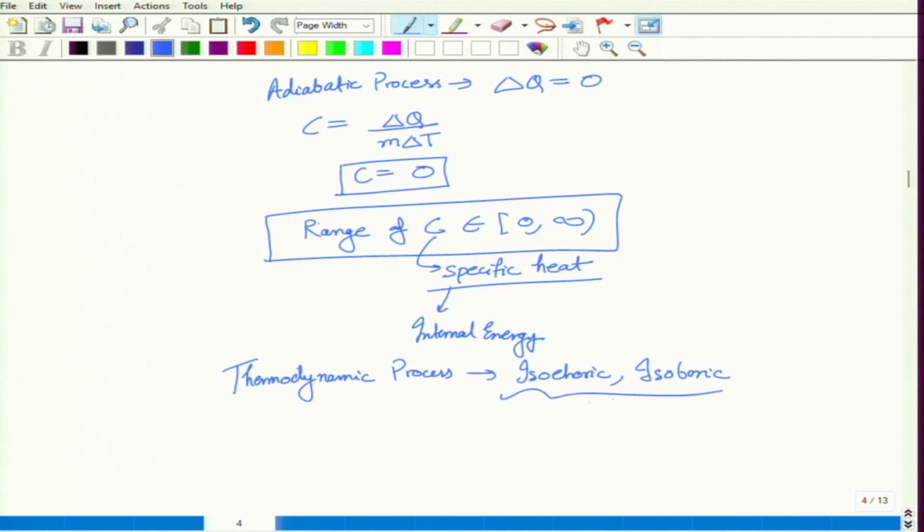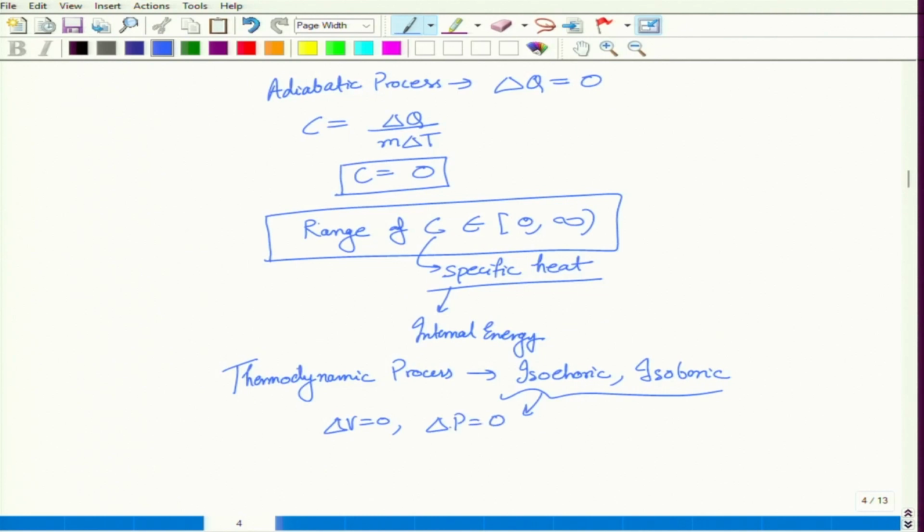These are important because the specific heat in case of isochoric and isobaric will tell us how we can relate it to the different forms of energy. In case of isochoric process, delta V is 0, and in case of isobaric process delta P is 0.